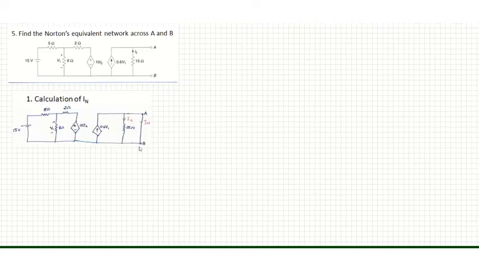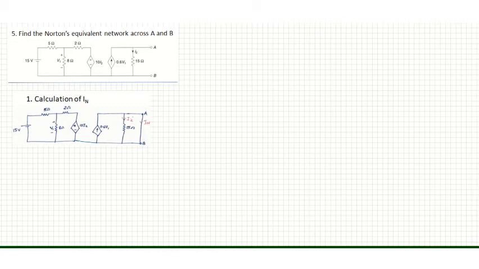Terminals A and B are short circuited, and the short circuit current is marked as IN. In the figure, it is clear that IN is the short circuit current and this 15 ohm resistor is in parallel with the short circuit.